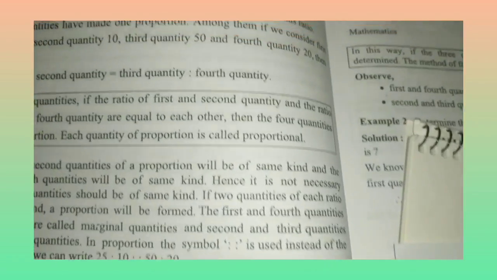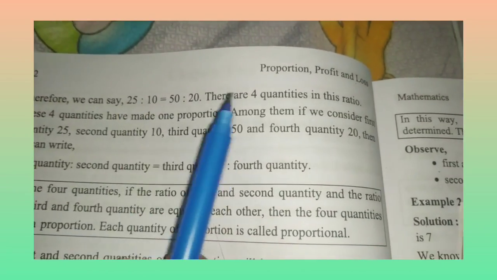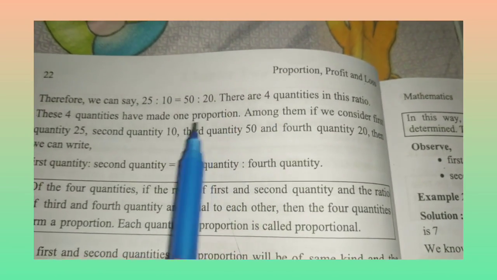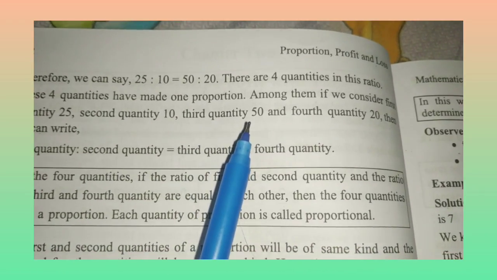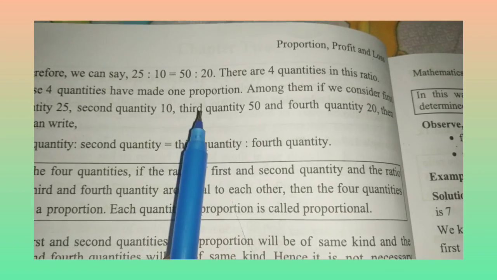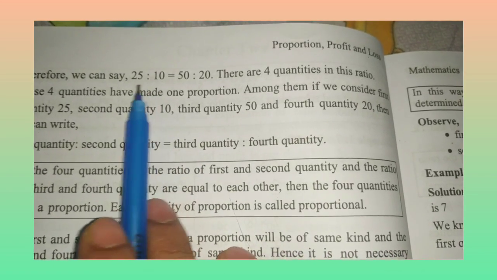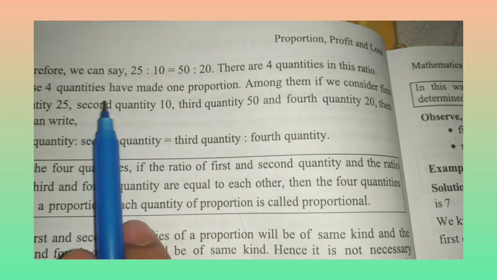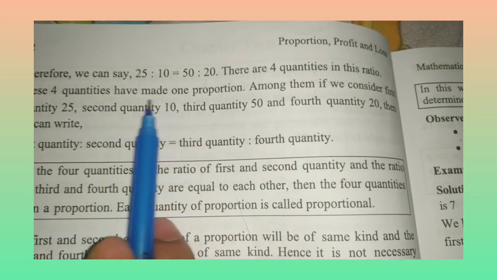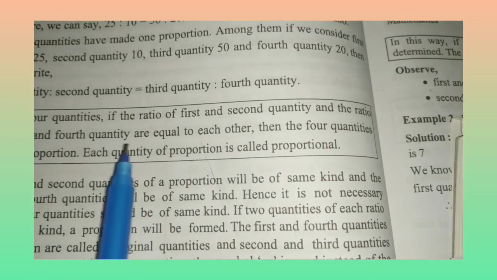So if you see such a scenario where the ratios are equal, then we can say that we have created one proportion. If in both the cases the ratios are equal, then these 4 quantities make one proportion.